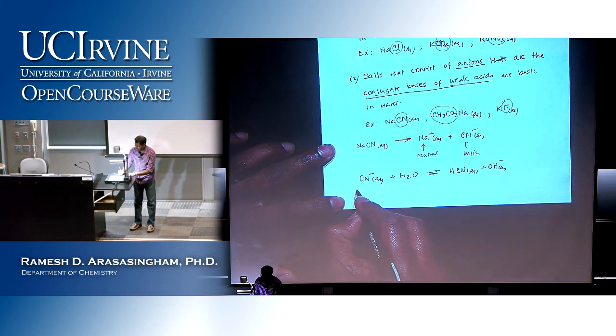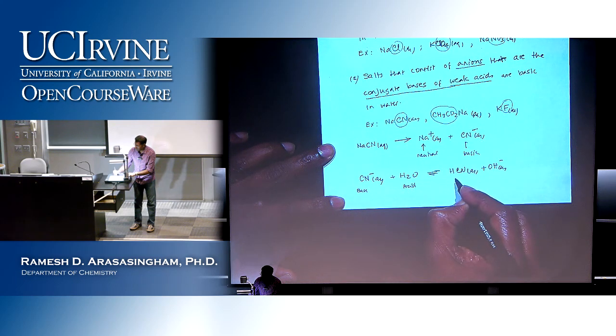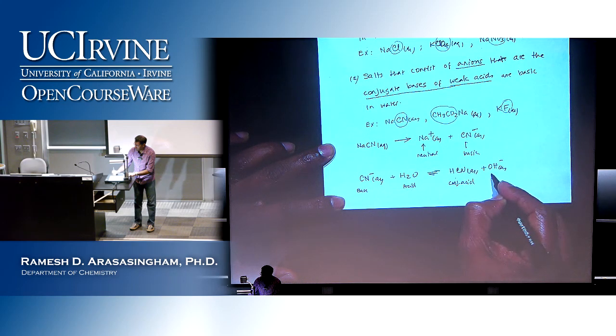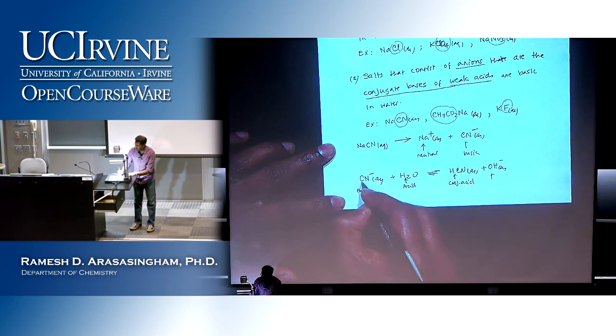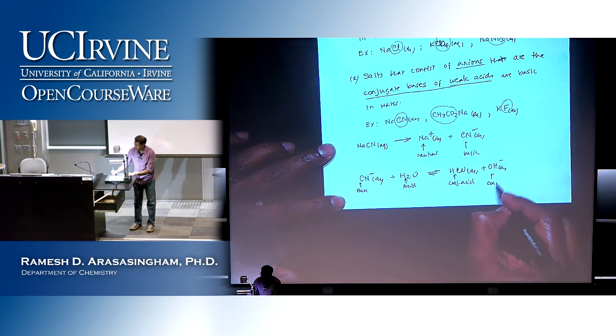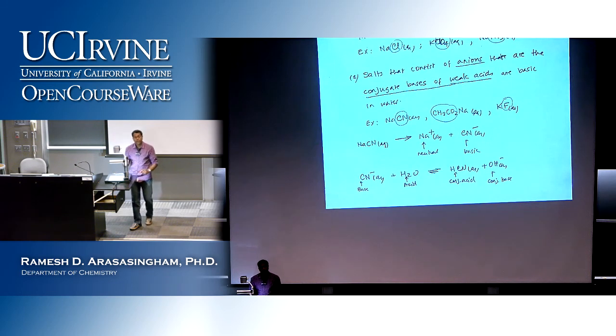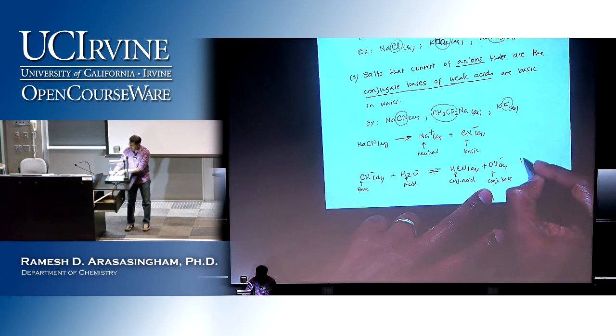All right, where this is the base, this is the acid. For the reverse reaction, this would be the conjugate acid, and this would be the conjugate base.